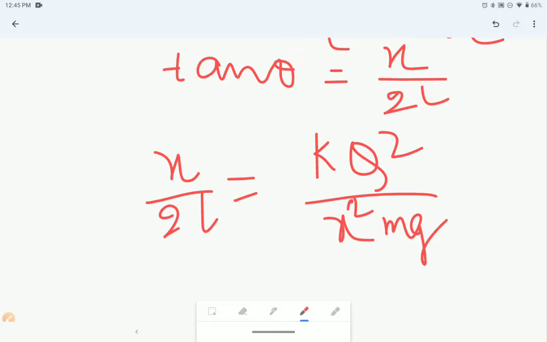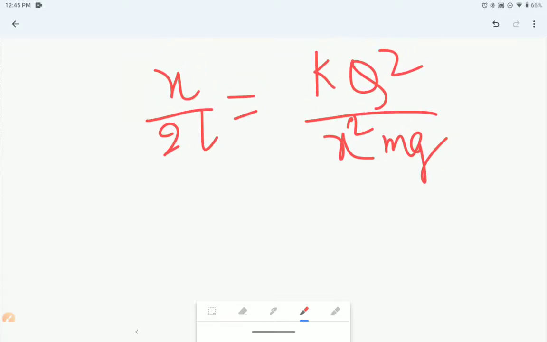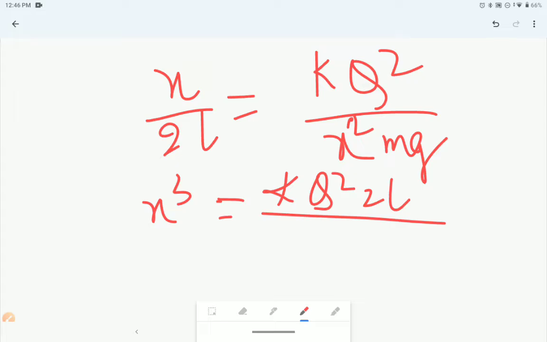So x cube is equal to kq square 2L upon mg.